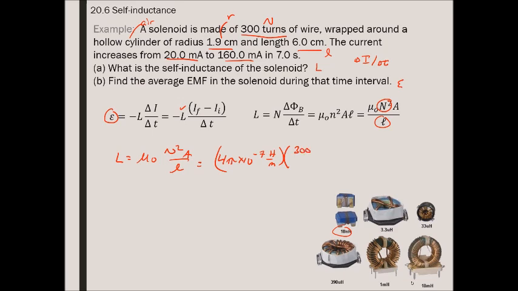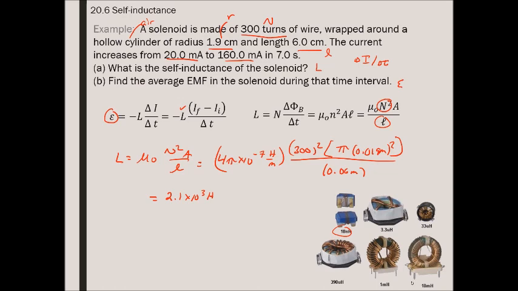So n is 300 squared, and for the area we're given the radius, so pi r squared, 0.019 meters squared, and then divide all that by the length of 6 centimeters, 0.06 meters. That gives us a total inductance of 2.1 times 10 to the negative 3 henries.